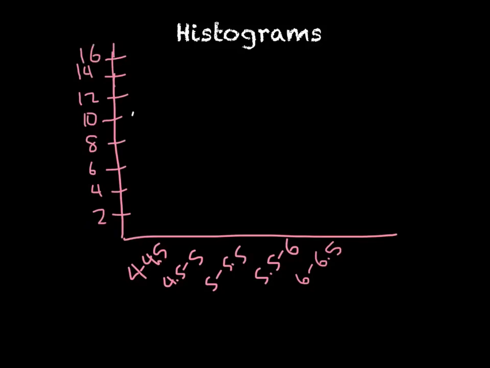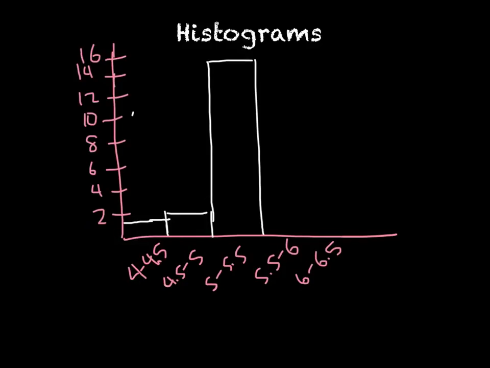And so now if we recall, in the 4 to 4.5 range there was one student, so I'll draw a bar that goes up to 1 for that. In the 4.5 to 5 range there were 2 students. In the 5 to 5.5 there were 15, 5.5 to 6 there were 5, and 6 to 6.5, 0. So now we can see visually through our histogram that most of the students fell in the 5 to 5.5 range.